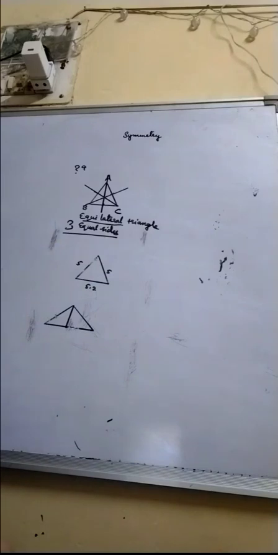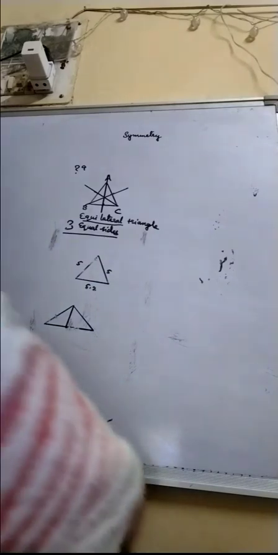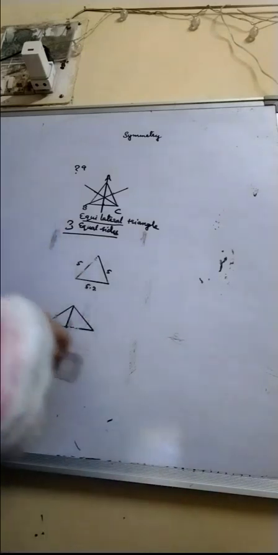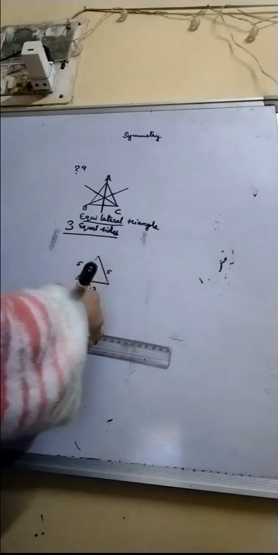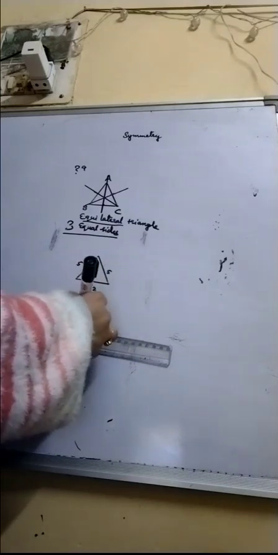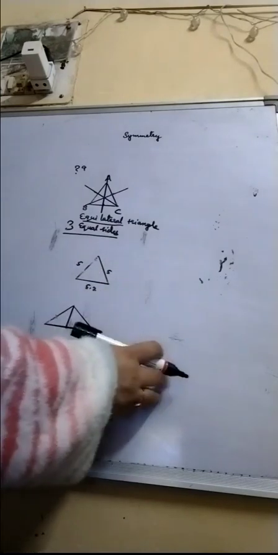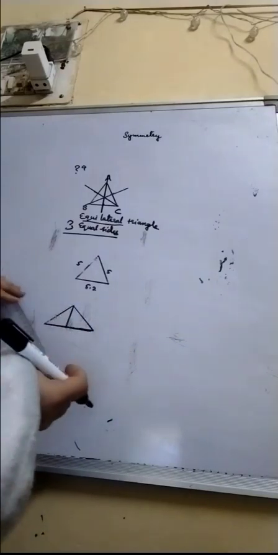And which line it is? The unequal line. The line which is unequal, that line would get the symmetry. When you fold the paper along that line, it would be symmetrical.